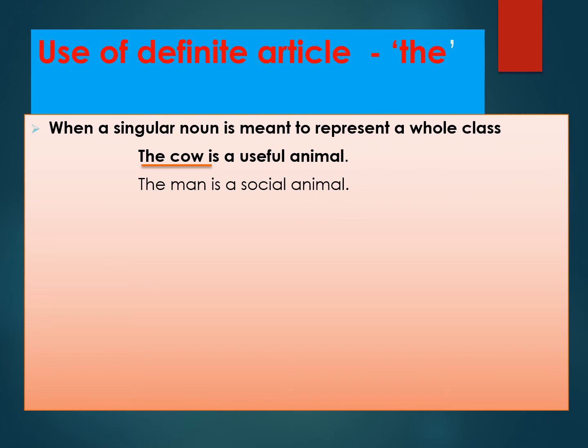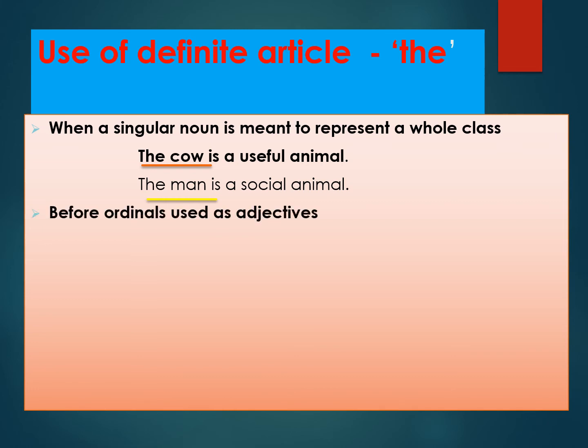Another example, the man is a social animal. Here the noun man represents the whole mankind, whole human beings. In that situation, we have to use the definite article the before the noun.